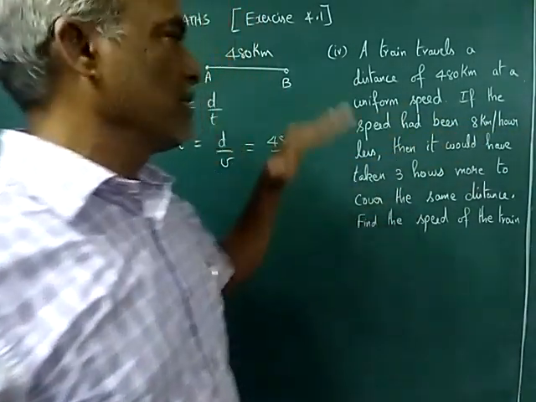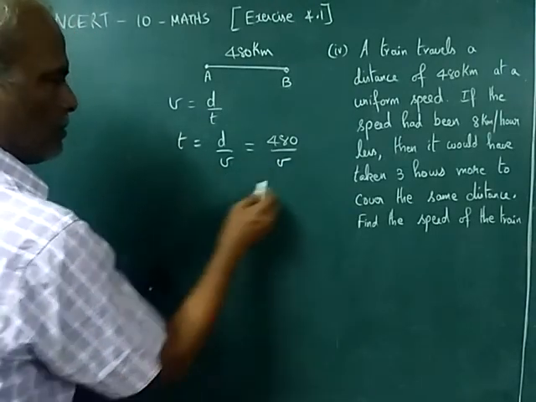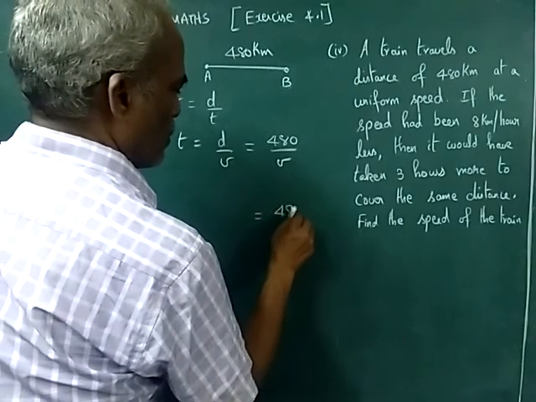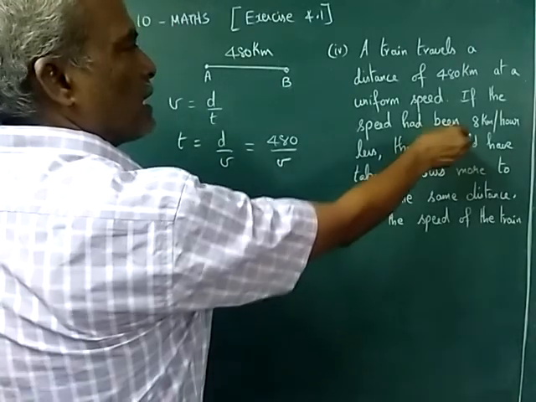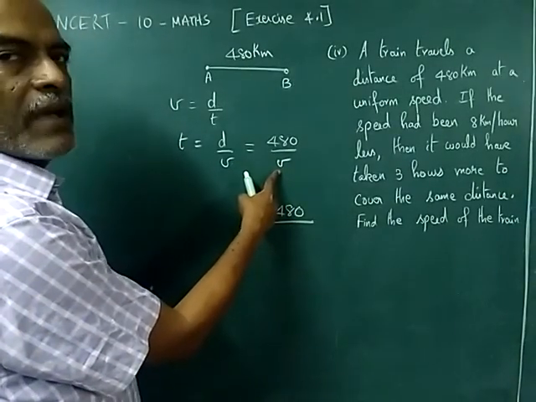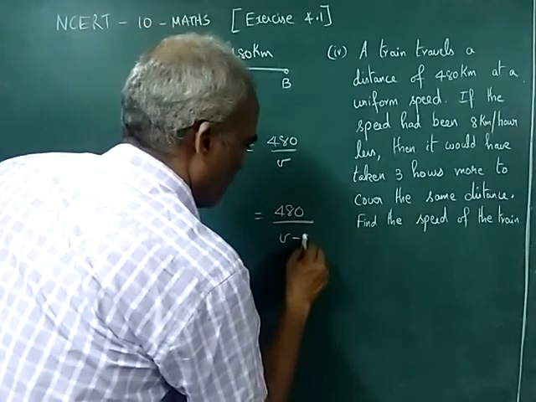Now the second part of the question is, if the speed has been 8 km per hour less, that means this velocity is decreased by 8 km. Suppose this is 100, then now we have 92. If this is V, that means V minus 8.